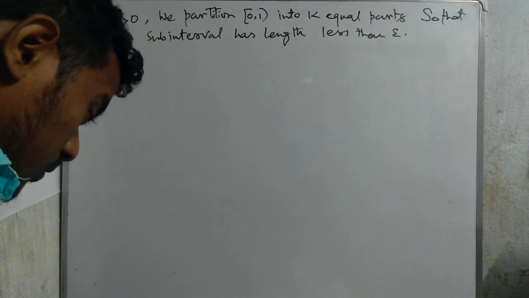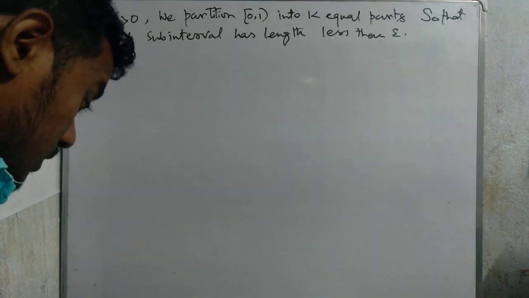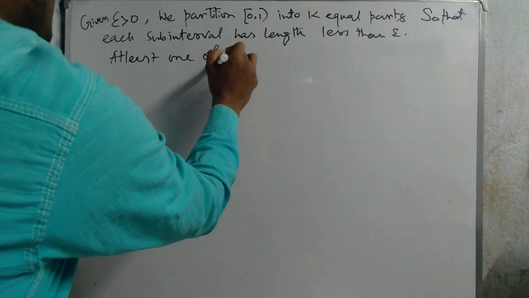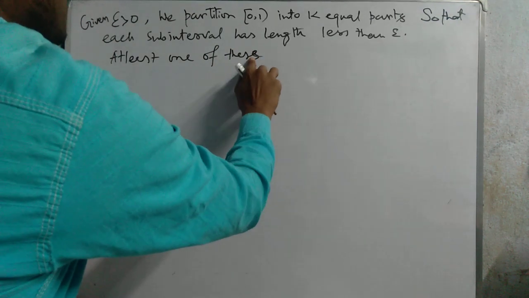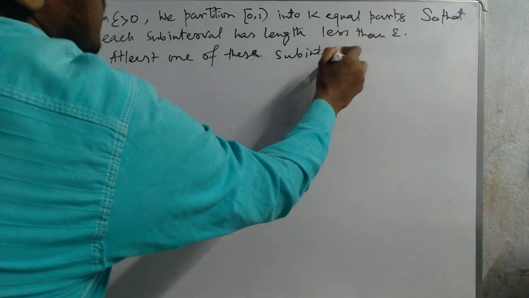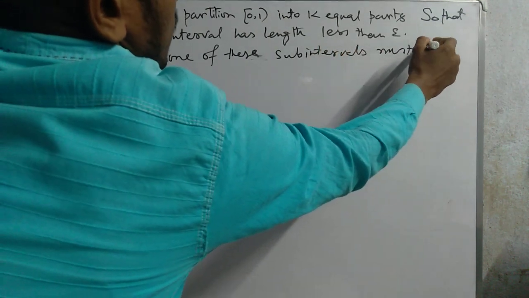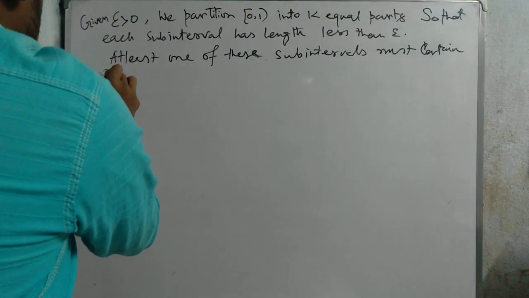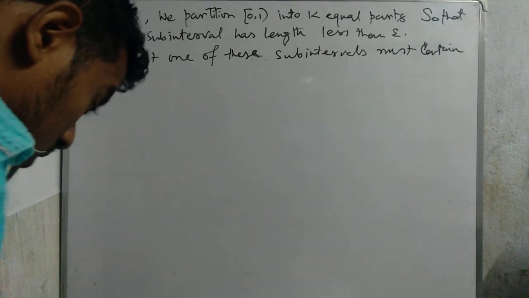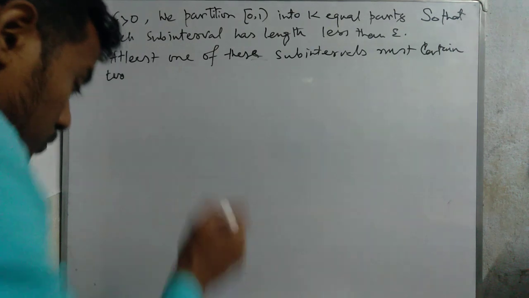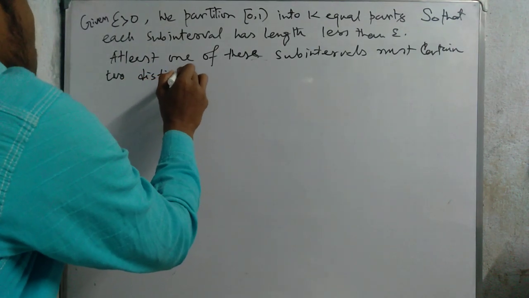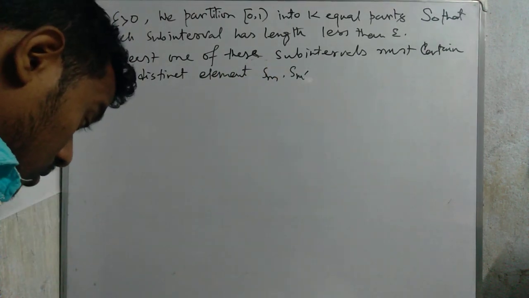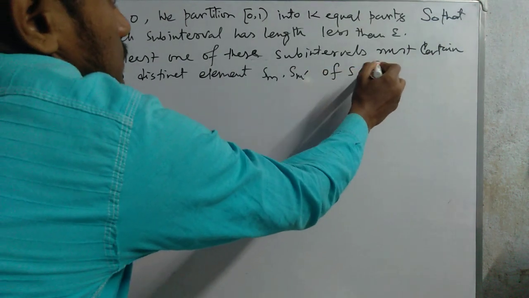Okay, now at least one of these subintervals must contain two distinct elements Sm and Sm' of S intersection [0,1].